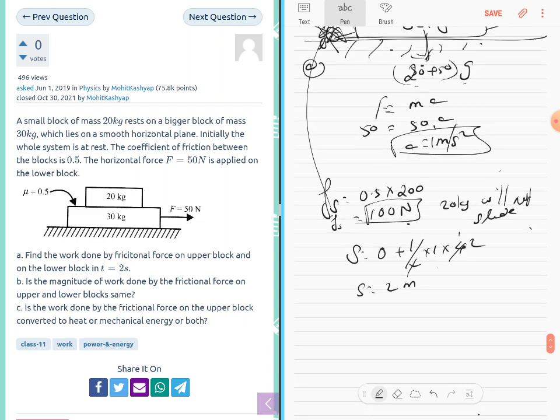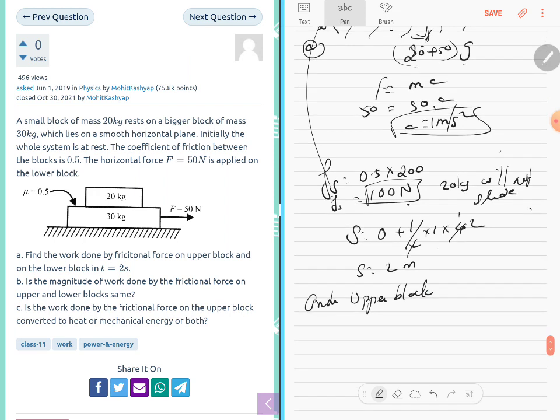So find the work done by the frictional force on the upper block and on the lower block. On the upper block, what exists between the two is the friction force, which is 100 Newton.